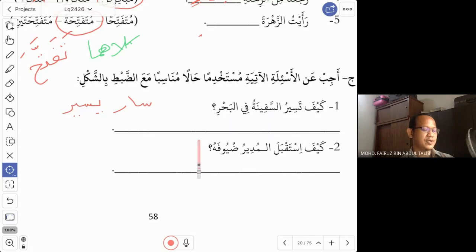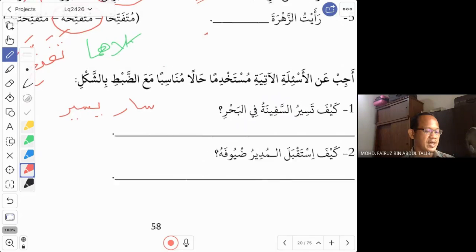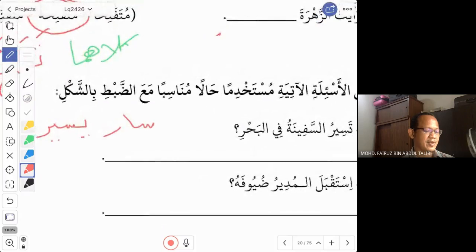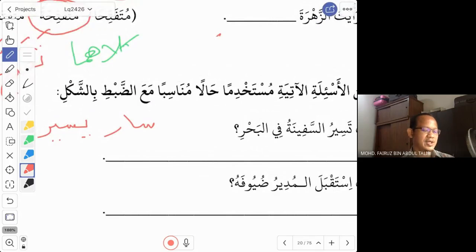So now you want to explain the safina. We make it easier. We want to have a hal. So how was the safina? Let's say the ship moved quickly. Fast.